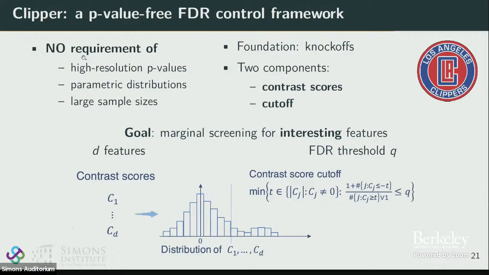You can consider this as an empirical estimate of FDR, but the theory can guarantee that by setting this T to satisfy that this ratio is less than or equal to q, we try to push this dashed line to the left as much as possible. That is where we can set a cutoff, and then we can control the FDR. So you can see that we save the trouble of calculating p-values, and just need to construct the contrast scores.